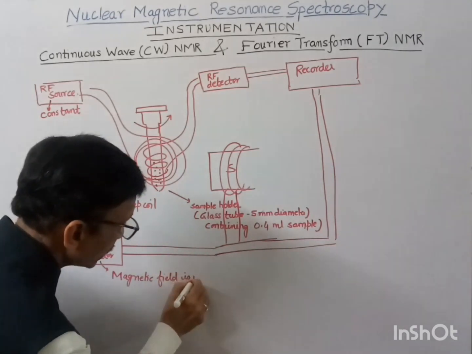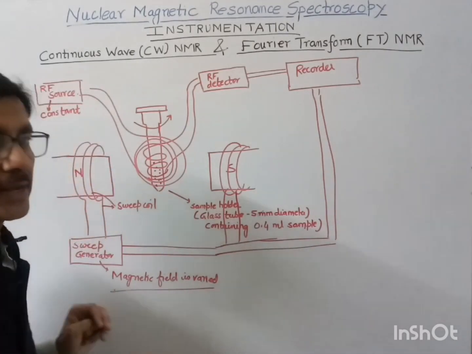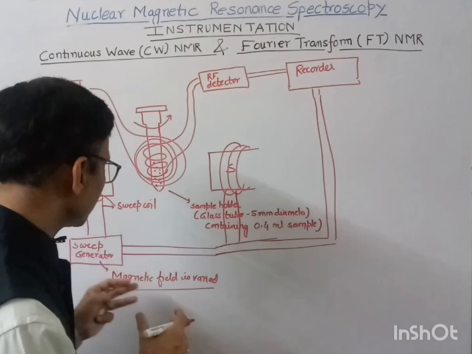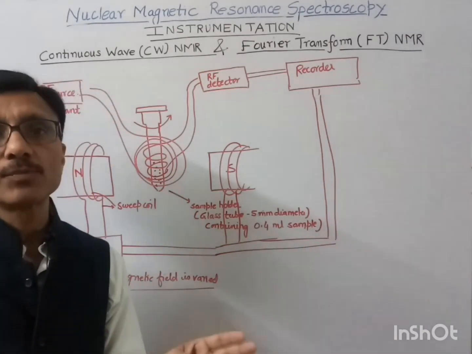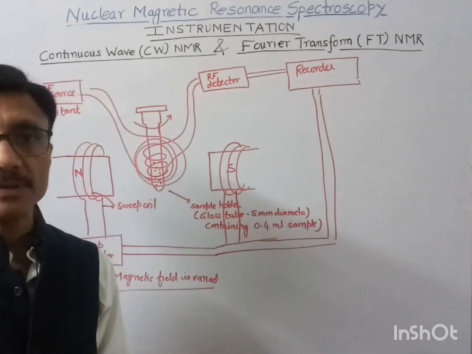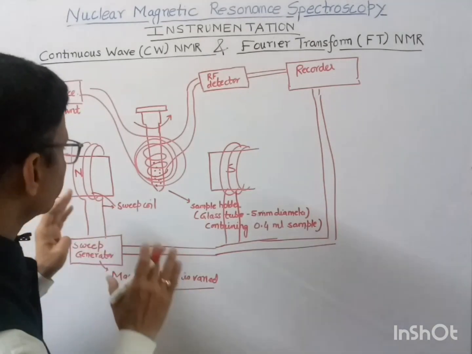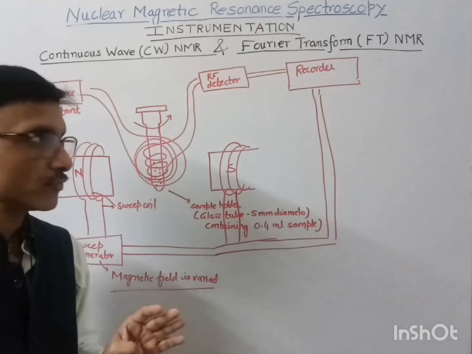When the magnetic field is varied from lower to higher value, each type of proton in a molecule can be scanned one by one. So this is about the simple flow diagram for the NMR spectrophotometer.